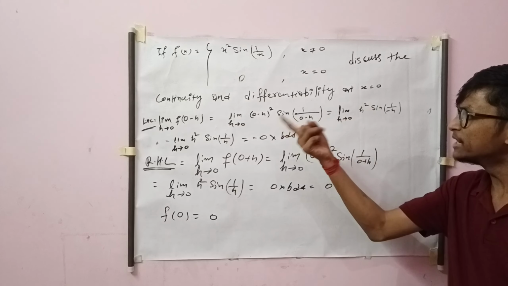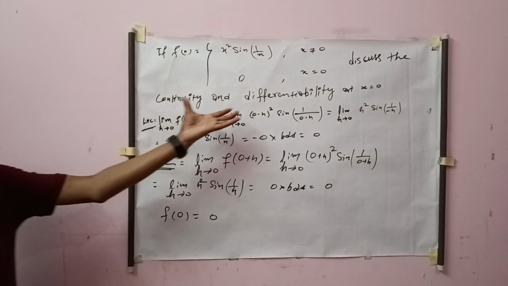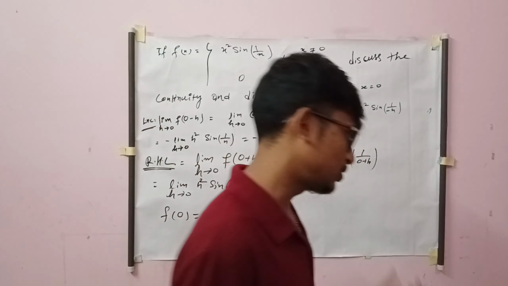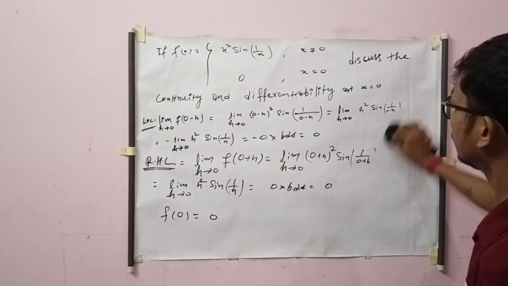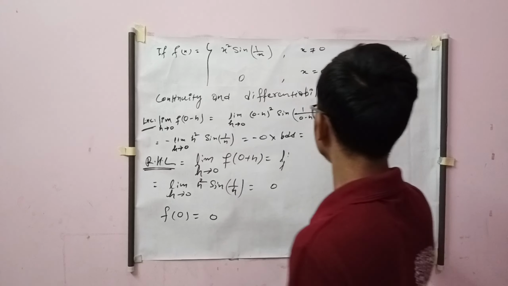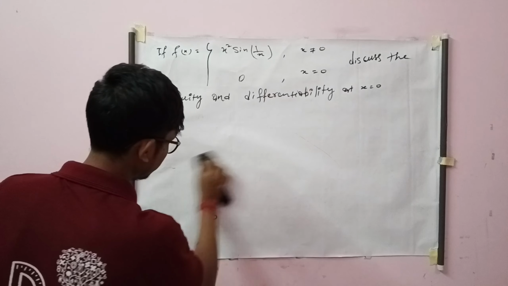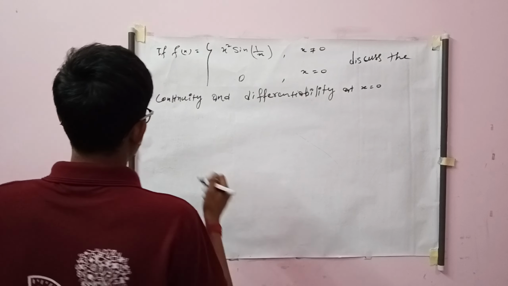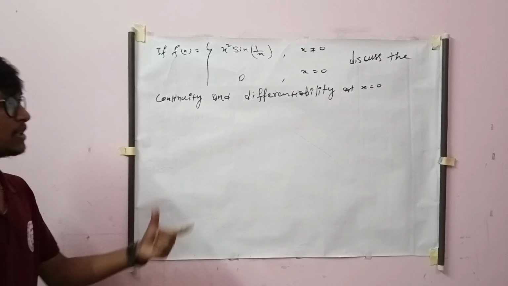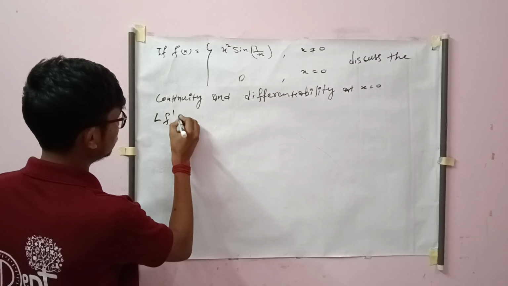It means that function is continuous. So now, how do we check whether the function is differentiable or not at x equal to 0? Firstly, we have to find the left hand derivative, that is, Lf'(0).